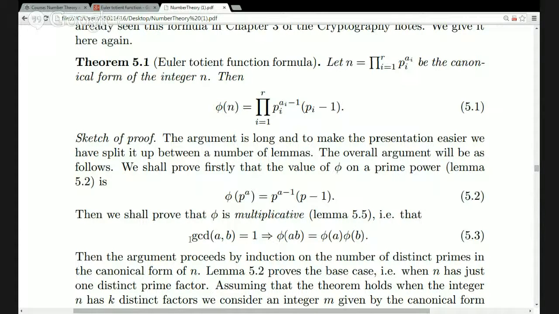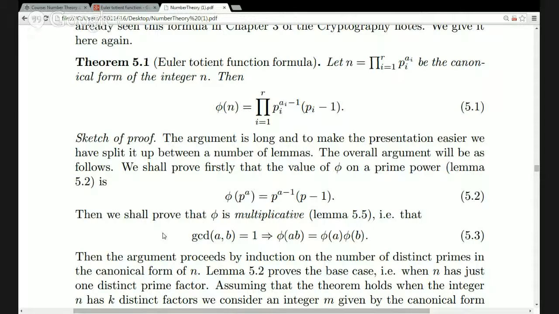So if we know the base case result, the result for prime powers, and if we know that the function phi is multiplicative, we put those two things together, and by an inductive process, I mean, this would only deal with two prime powers, but by doing an induction type argument, we can deal with any number of prime powers. And we'll be able to establish that this formula is true.